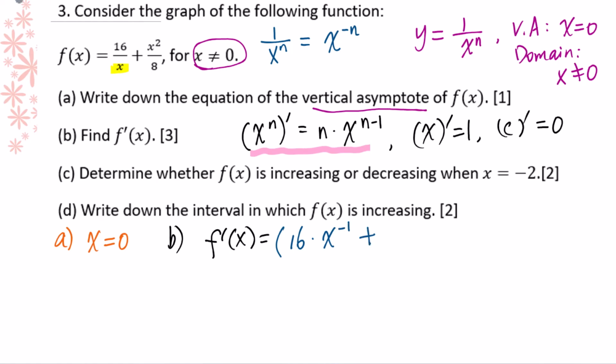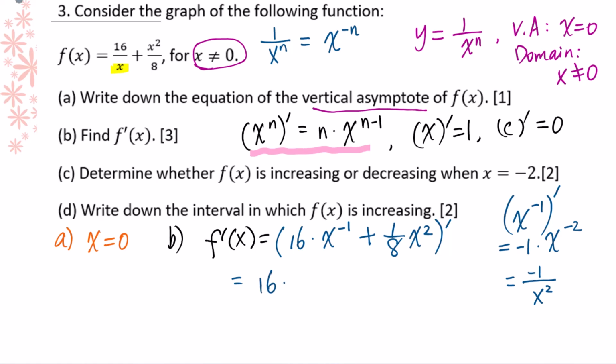Then plus coefficient is 1 over 8 times x squared prime. X to the negative first power prime: drop down exponent negative 1 times x to the power of negative 1 minus 1 is negative 2. So we get negative 1 over x squared.